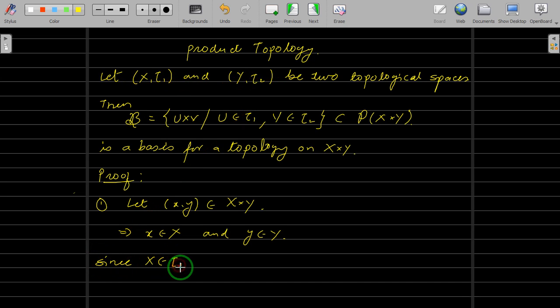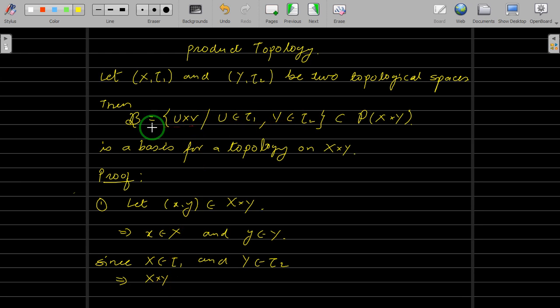So since X belongs to tau 1 and Y belongs to tau 2, when you take X cross Y, that will be an element here, because you are taking X from here and Y from here and taking the cross product of it.